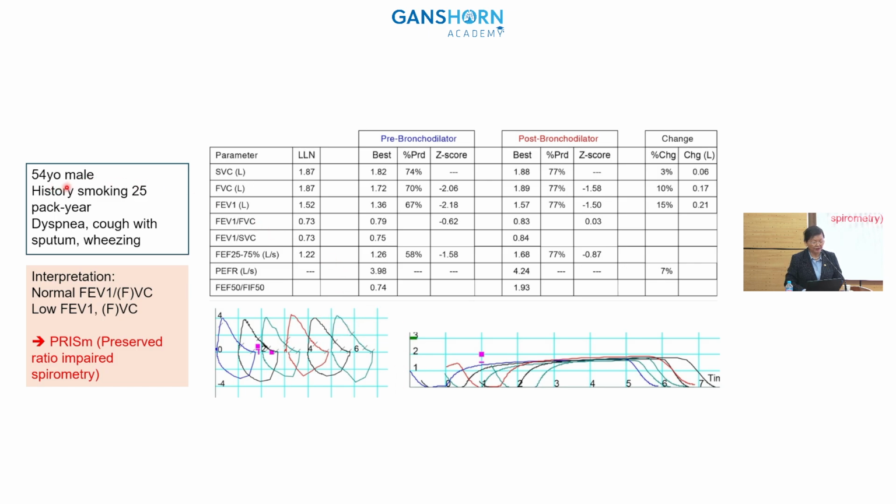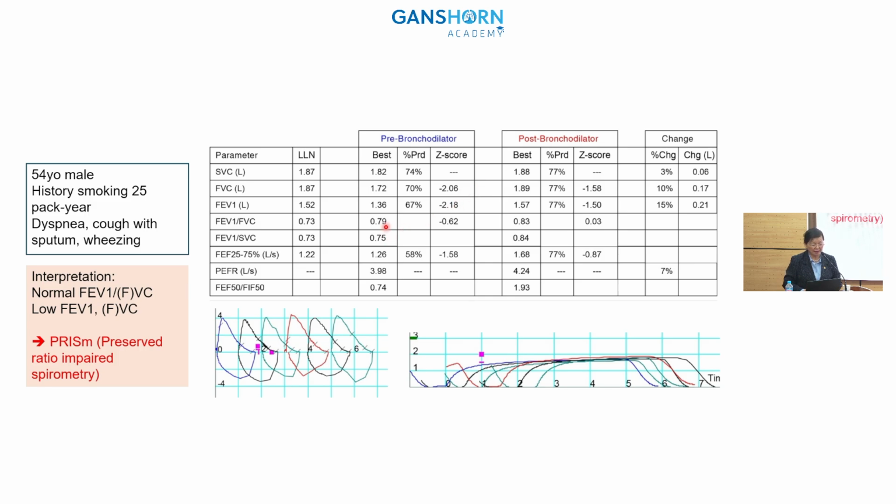And we have the next slide. A 54-year-old male, heavy smoking, 25 pack years, dyspnea, cough, sputum, wheezing. I think that we are now very familiar with this interpretation. We have restriction, but remember that we just say possible restriction, yeah? Because we have to go to the box to confirm that.